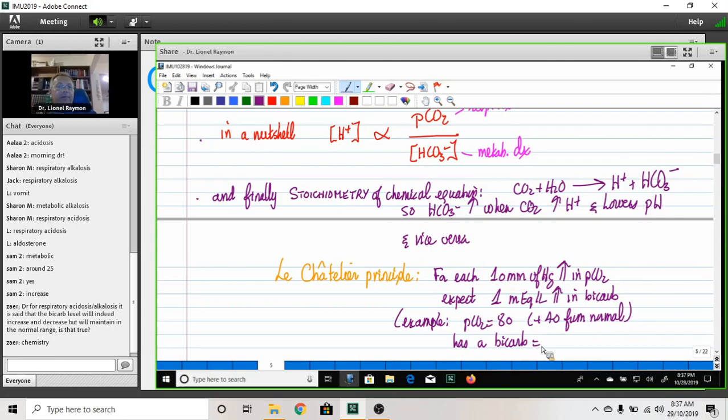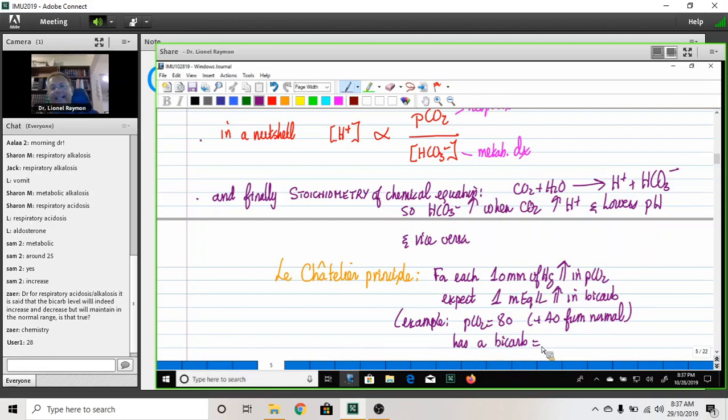Should it still be 24? No, it has to increase 1 milliequivalent per liter for each 10. So how much should the bicarb be when PCO2 is 80? Exactly.